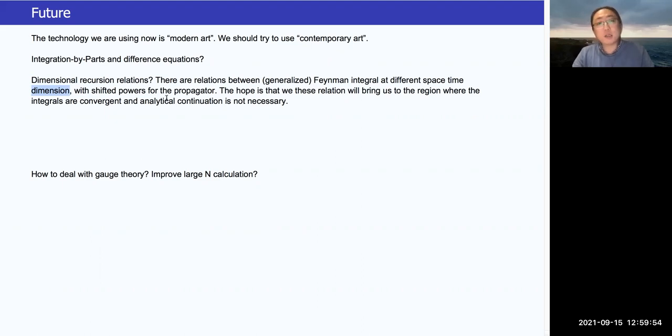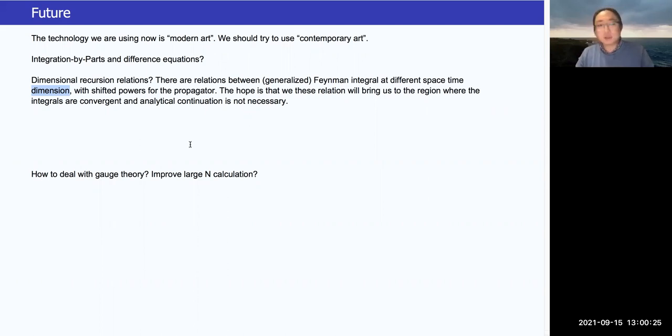So the hope, of course, is that we could use these relations to bring the integrals into the region where they are convergent. It's not convergent in 3D, but maybe after using these recursion relations, you go to 4D, 5D, and in that case you can numerically evaluate directly because it's convergent. I'm not sure, and we still need to think about this.